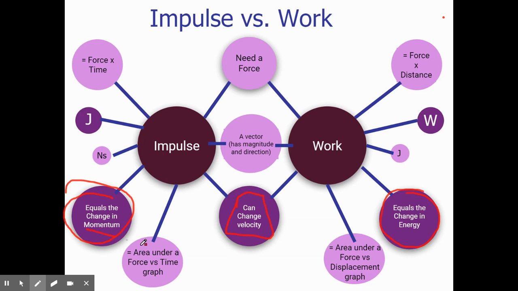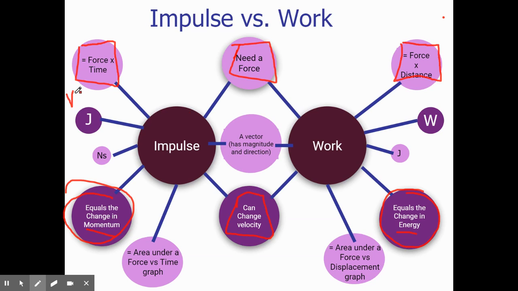Momentum is mass times velocity, and then depending on what kind of energy it is, it could make it speed up or slow down. Then over here we have the equations. Impulse is force times time, and work is force times distance. So these are very similar. In either case, you need a force to cause either an impulse or an amount of work done.